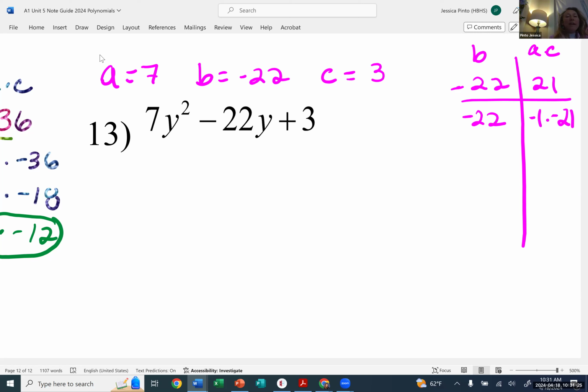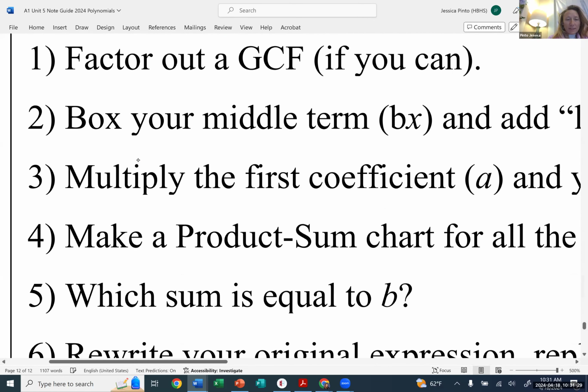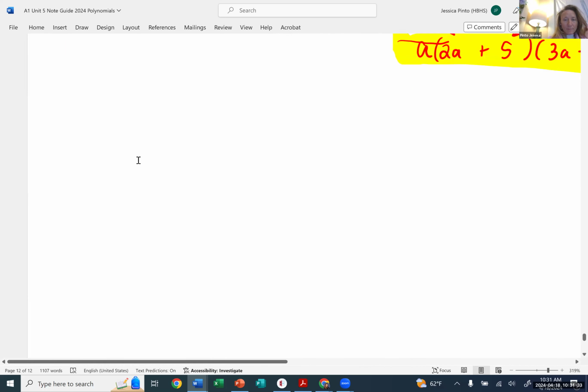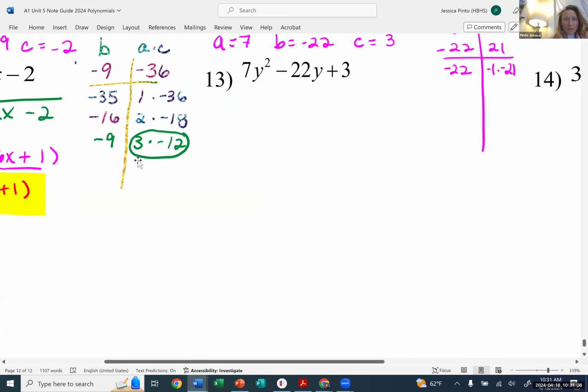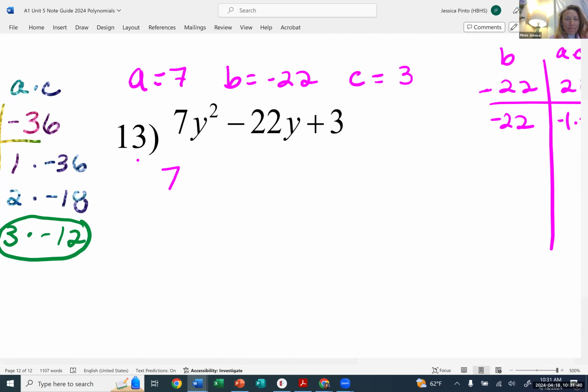So now when we go to factor this, I have seven y squared minus 1y minus 21y positive 3.